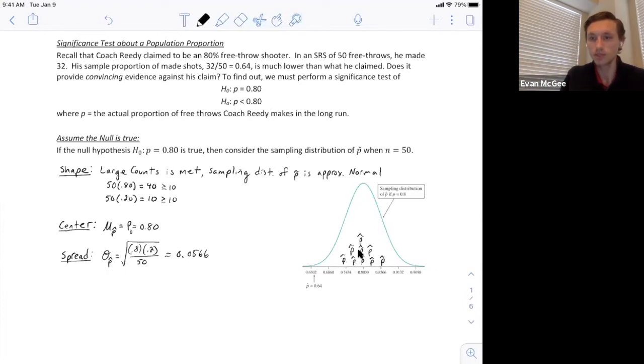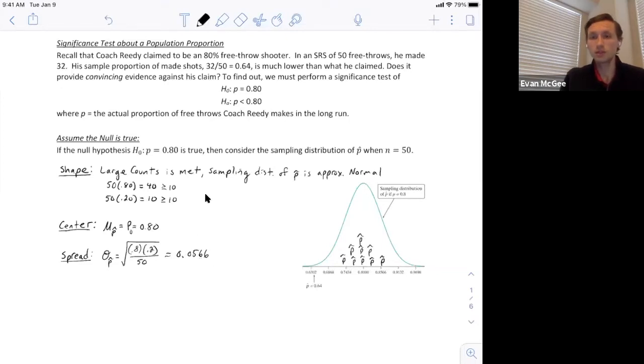So this is basically the expected proportion of made free throws in all samples of size 50. So that's why I started drawing these, just to refresh that this is multiple samples, all possible samples that can be taken. And so when we think about this, we'd expect it to be 80, and there's this amount of spread here of expected variation.